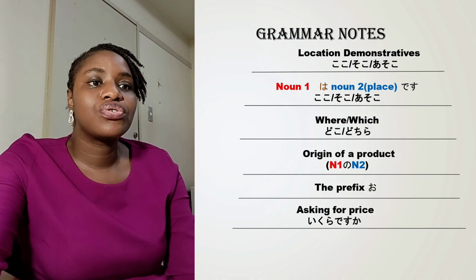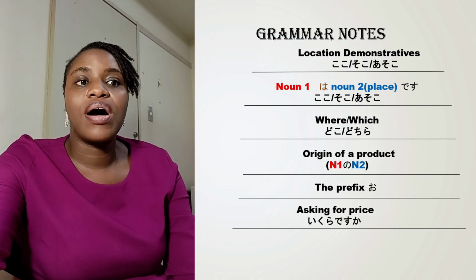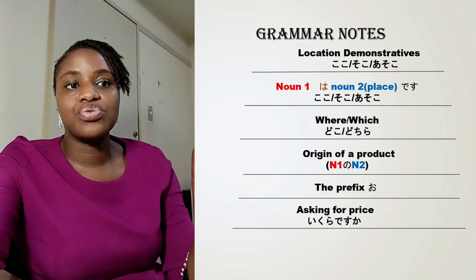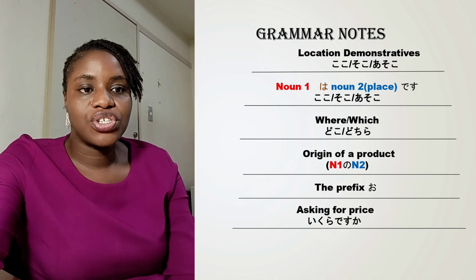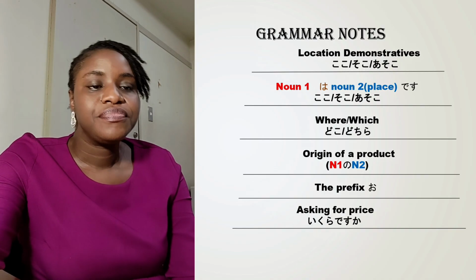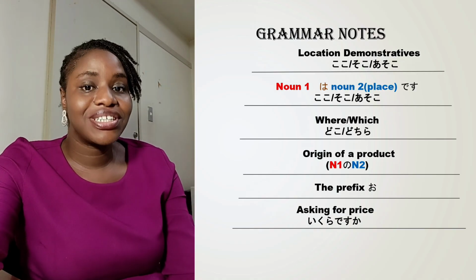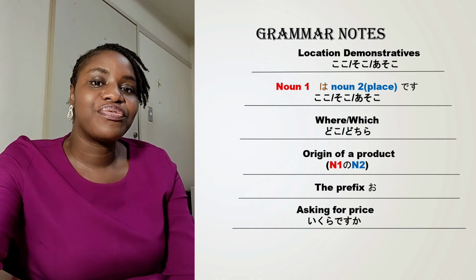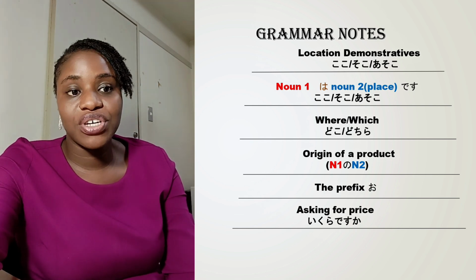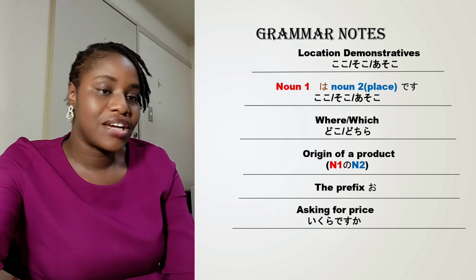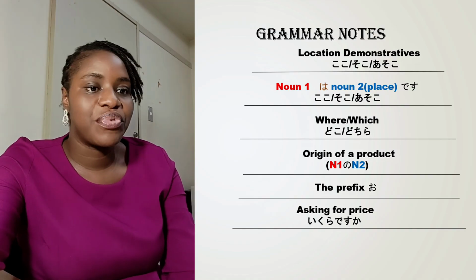And then we're also going to be learning noun, place, like when the noun is a place, how we say it. And then we're going to be learning how to ask the question of which and where. Then we're going to learn another use of no in this lesson, and it's usually when we're talking about the origin of a particular product, either the company or the country where that product is from.